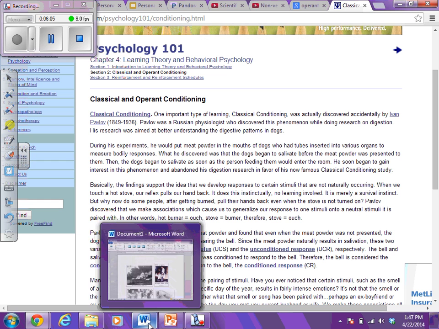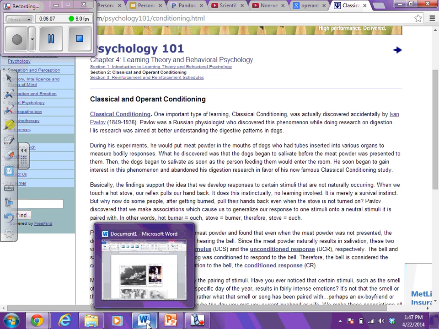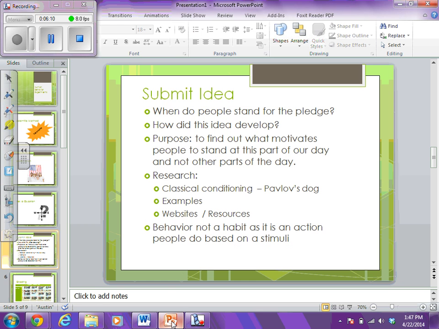So I found some examples of different types of classical conditioning. This would be the idea that when you walk in the kitchen, you go immediately to the refrigerator. Or when you walk in the kitchen, you just immediately feel hungry.